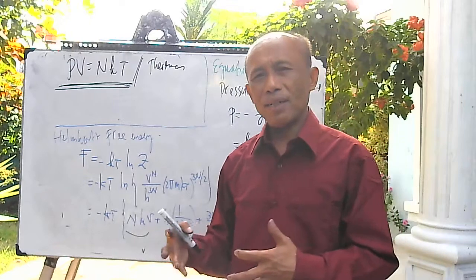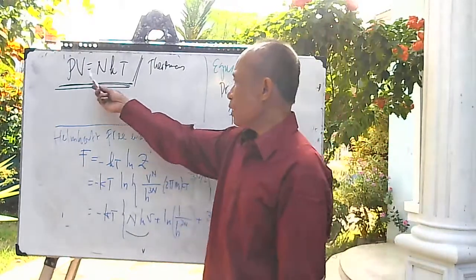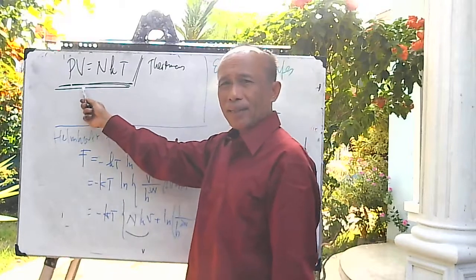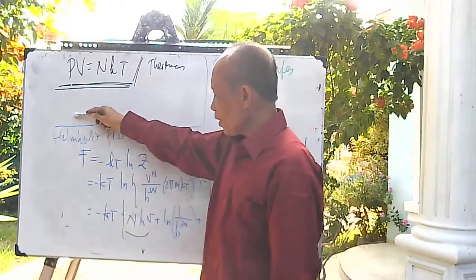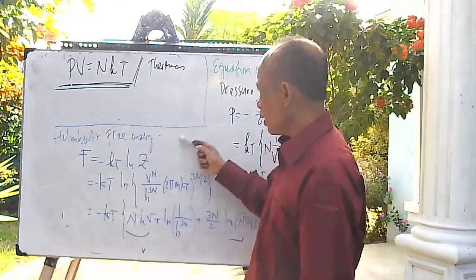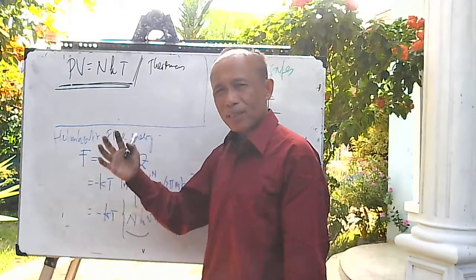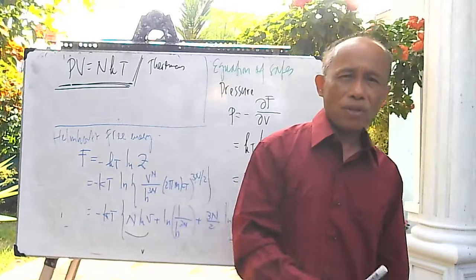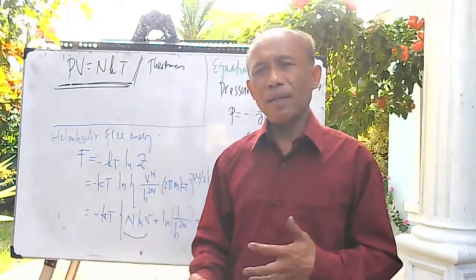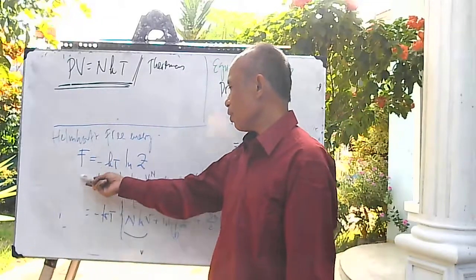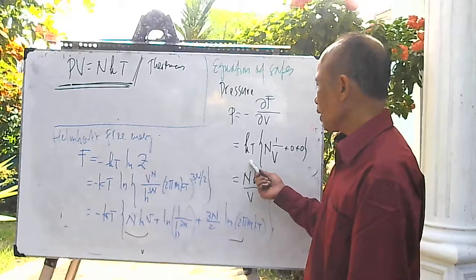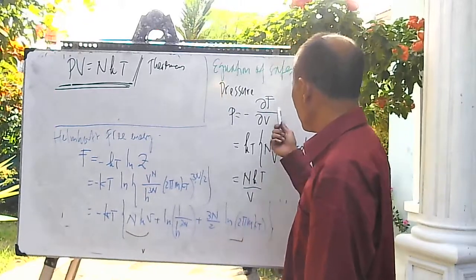This is the well-known expression we have studied in thermodynamics and thermal physics and other undergraduate lectures. We have derived it using our approach, by starting from the partition function of a particle, then the partition function of the assembly, then obtaining the Helmholtz free energy, and differentiating it against the volume.